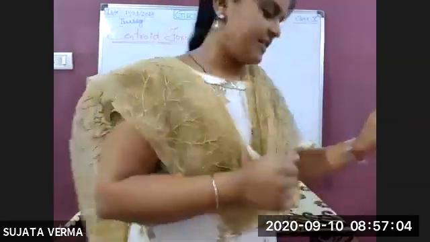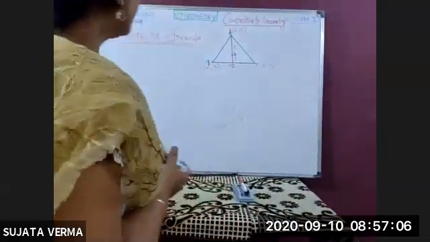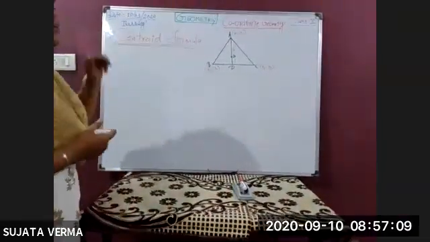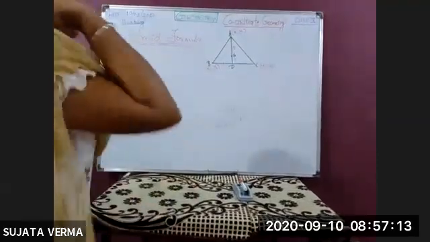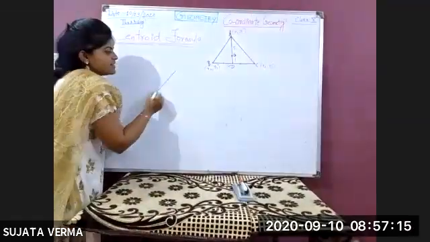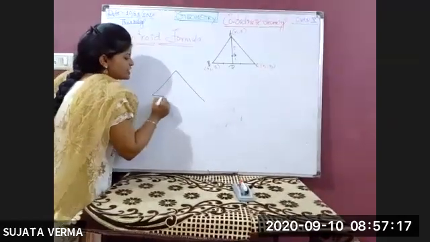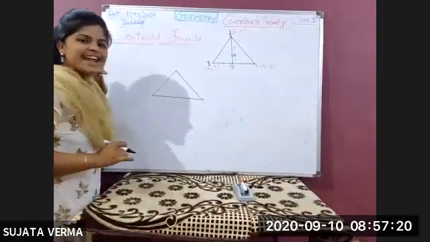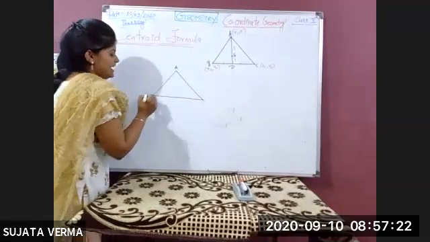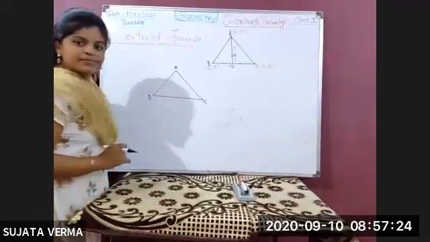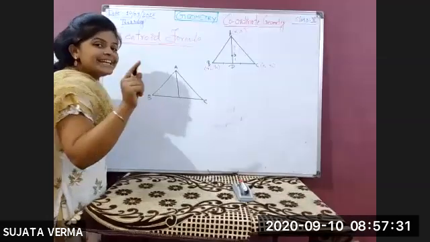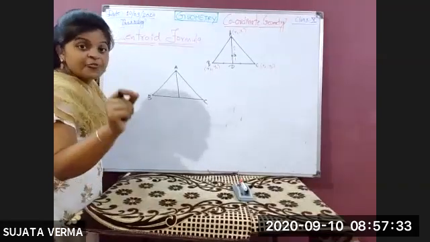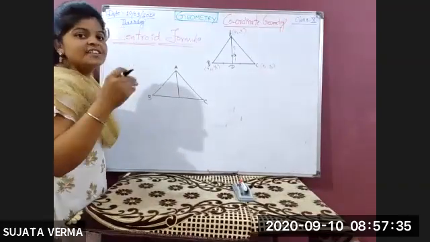Okay, now first let's know what is meant by centroid. Here first we discuss the centroid of a triangle. Here is a triangle, name it as ABC. The centroid of a triangle is a point where three medians meet.